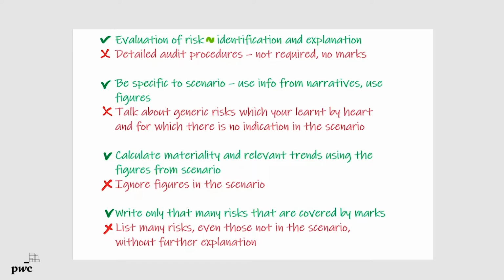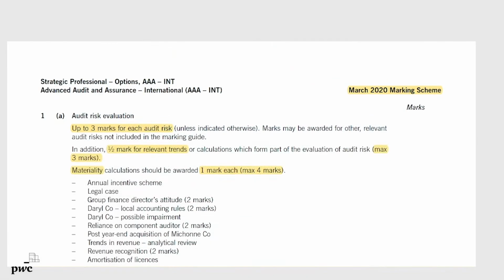There is always something which is called a marking scheme at the end of each answer paper. So now you can see how the marking scheme for question 1A looked. It gives you information on how many marks are available for which activity.